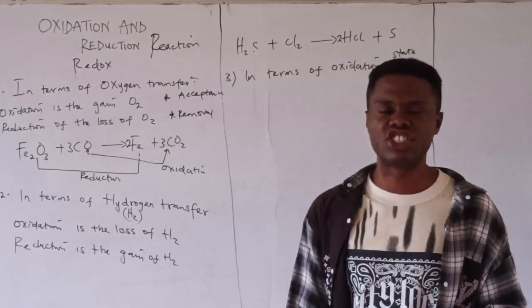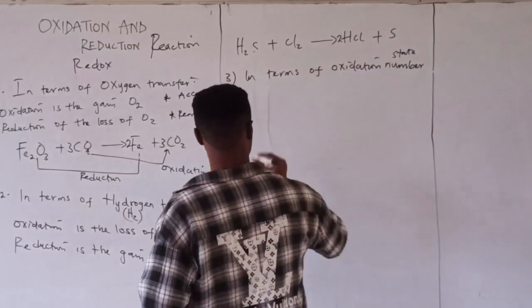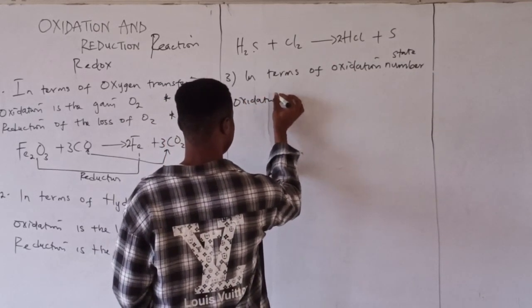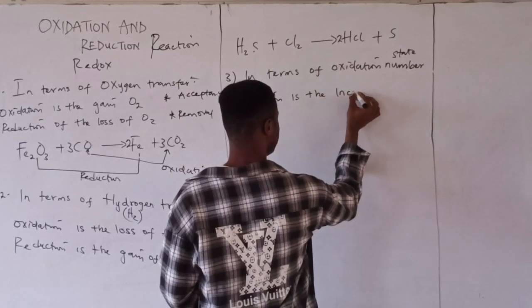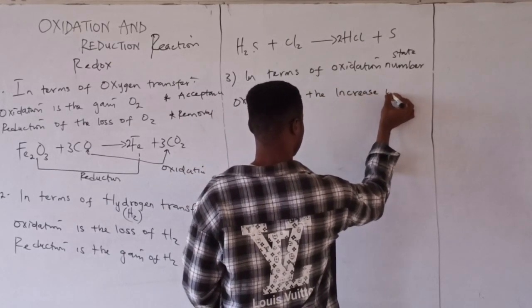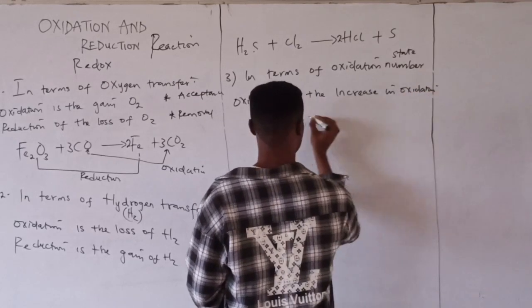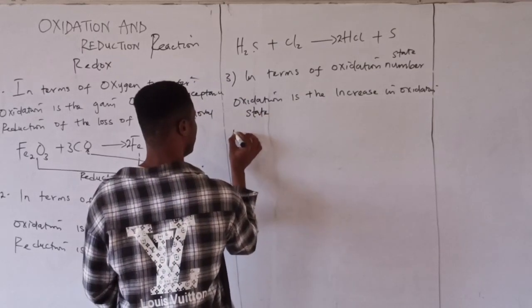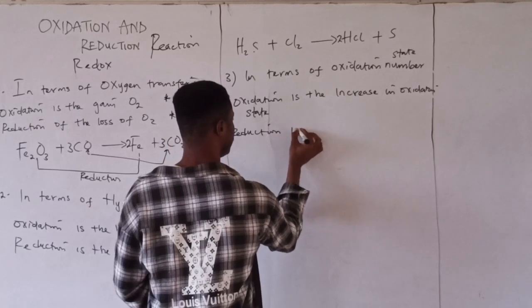So now, oxidation and reduction in terms of oxidation number: oxidation is the increase in oxidation states, and reduction is the decrease in oxidation states.